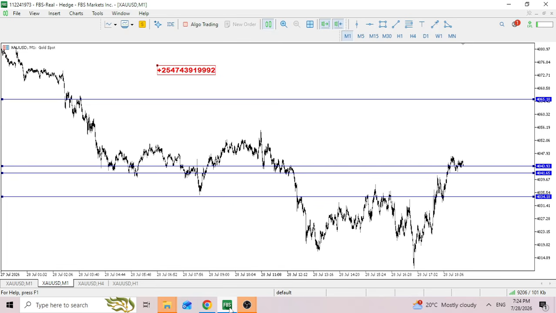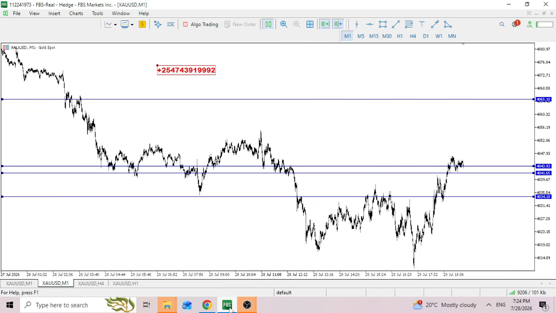Before you do anything, you need to know how to calculate the percentage change over 1 pip. If you don't know the percentage change of 1 pip, then there is no way you're going to know the percentage change of the market in the last 4 hours, or whatever time frame you are in.